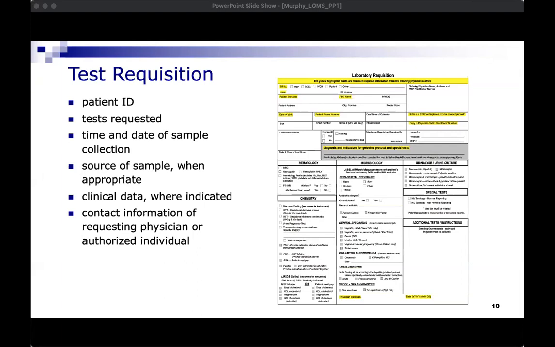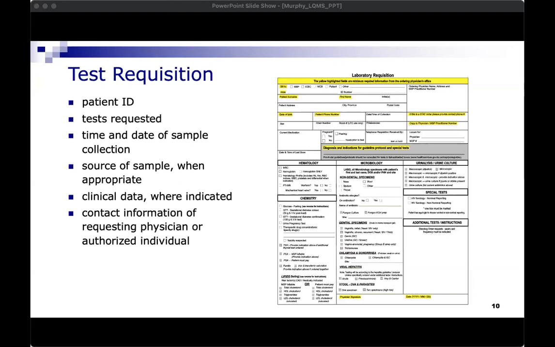But in general, some of the important information that should be on the lab requisition are the patient ID, whether that's the patient's name or, in a study setting, maybe the patient's study ID; the test request, so what exactly is being requested; and the date and time of sample collection. This is really important to know because, as we know, the longer things sit, some changes can happen in the sample, so it's important to know when exactly that sample was collected.